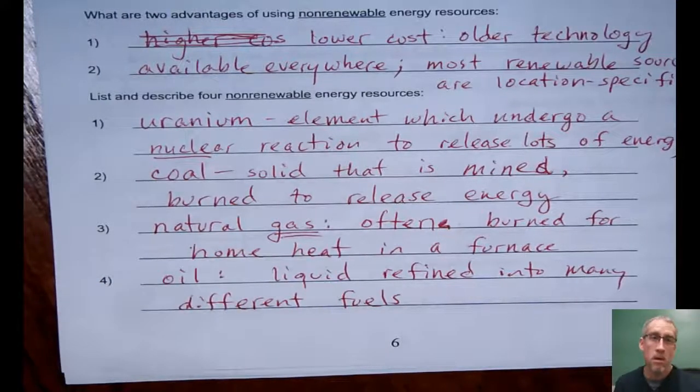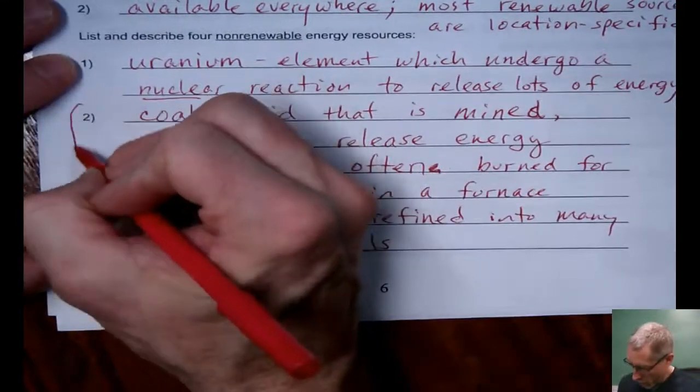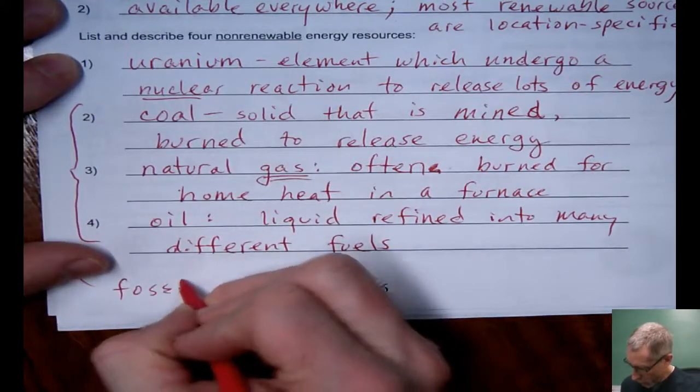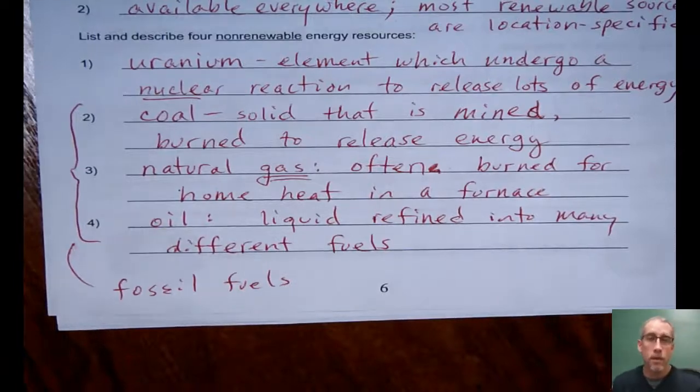It used to be around here, maybe back in the 1950s. There were a lot of homes with coal burning furnaces. So there's an example of some non-renewable, and again, these last three are all considered fossil fuels because they get extracted from the decayed living matter from long, long ago that has now turned into a source of fuel for us.